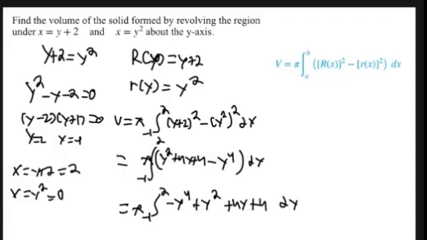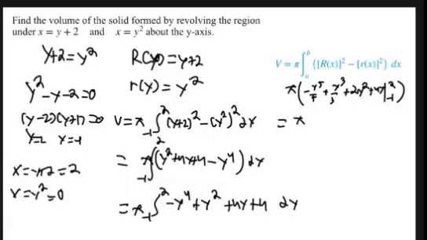And we integrate this term by term. So we're left with negative y to the power of 5 over 5 plus y cubed over 3 plus 2y squared plus 4y, and then we evaluate that from -1 to 2.